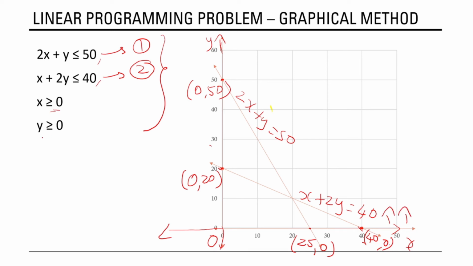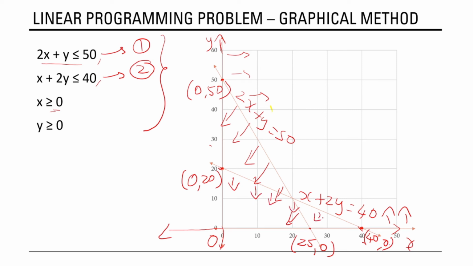Then y greater than or equal to 0 is this part. Then 2x plus y less than or equal to 50 corresponds to this part. Then x plus 2y less than or equal to 40 corresponds to this part.